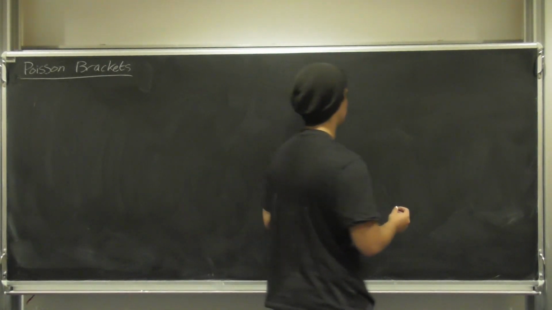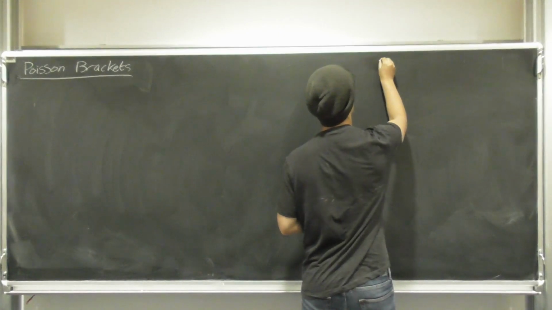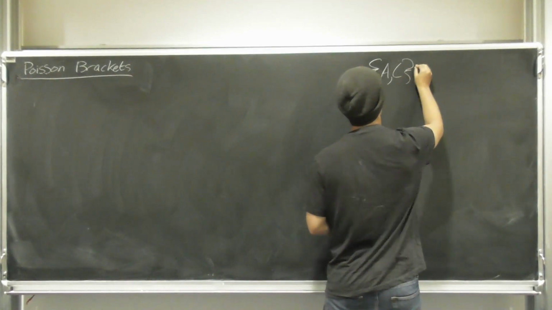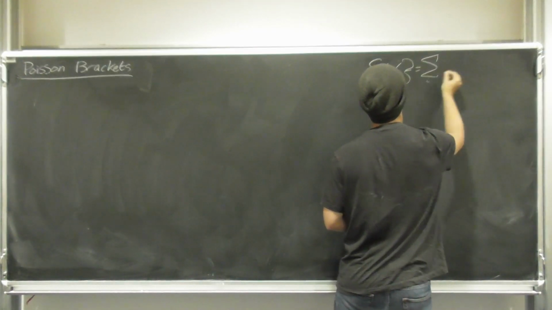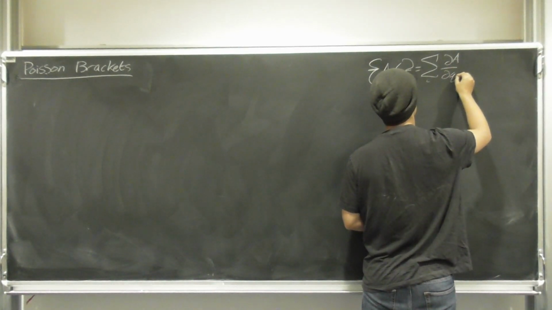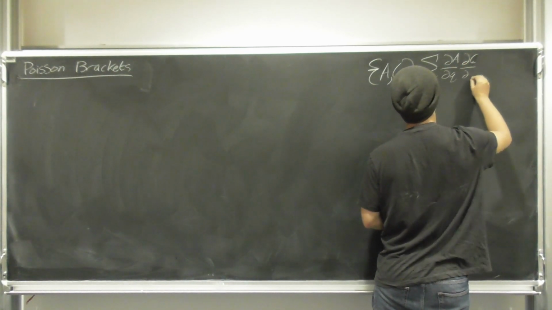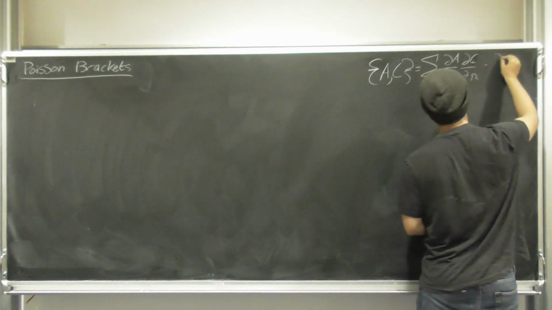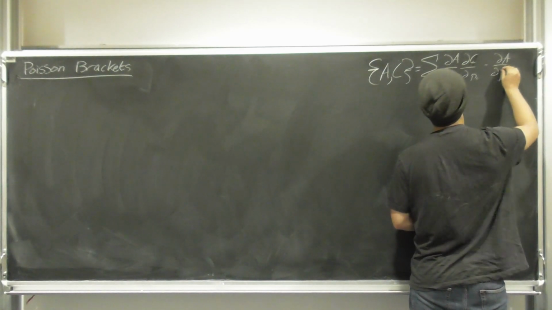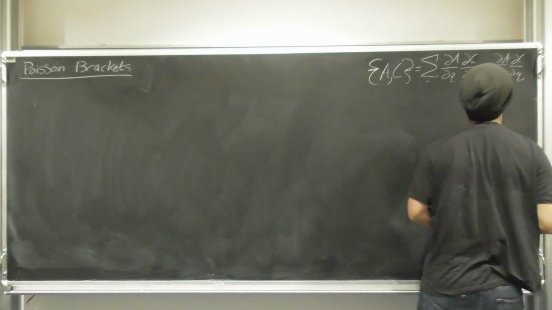If you recall, we defined the Poisson bracket of A and C to be the sum over i of the partial derivative of A with respect to q sub i times the partial of C with respect to p sub i, minus the partial of A with respect to p sub i times the partial of C with respect to q sub i.